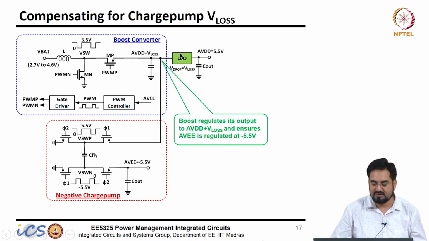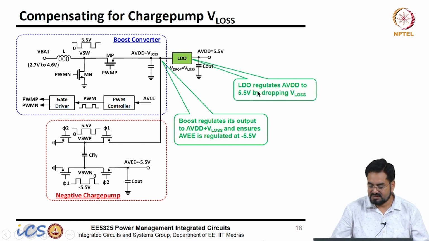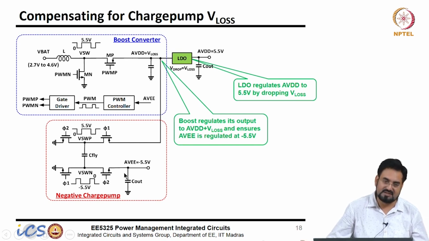The LDO takes its input from here, which is obviously more than 5.5 volt, and the extra voltage will be dropped across it. The feedback to this LDO will come directly from AVDD, so this will be locally regulated by the LDO at 5.5 volt. So this LDO regulates at VDD by dropping the V loss voltage. Everything will be taken care of by your control loop. You don't need to know how much loss there is in this.